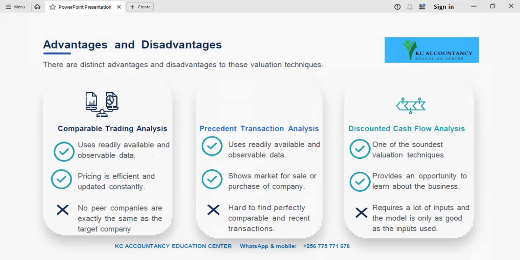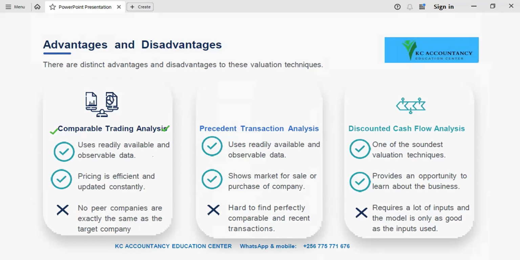So let's move down and now think about some advantages and disadvantages of these three techniques. Let's start off with the comparable trading analysis.